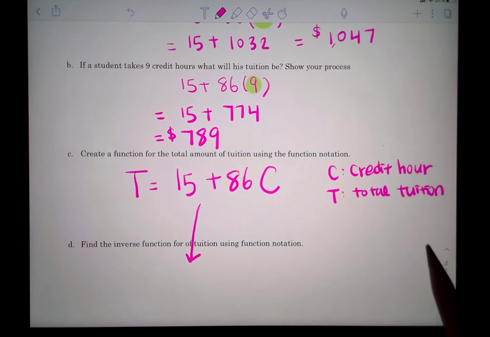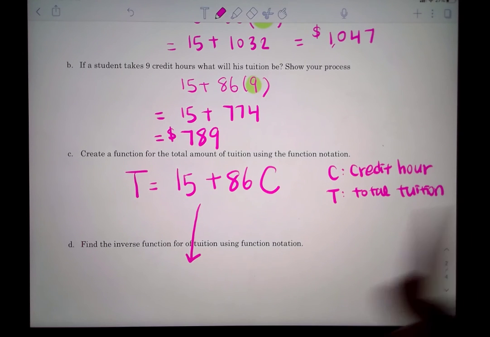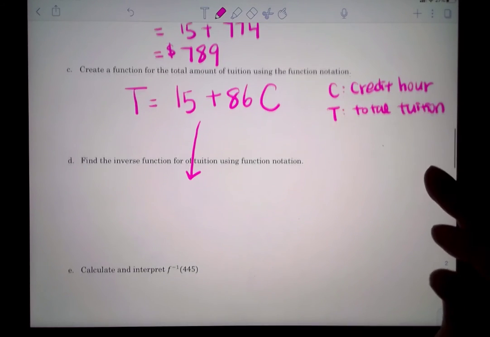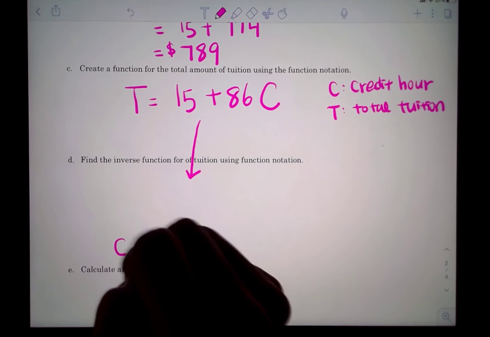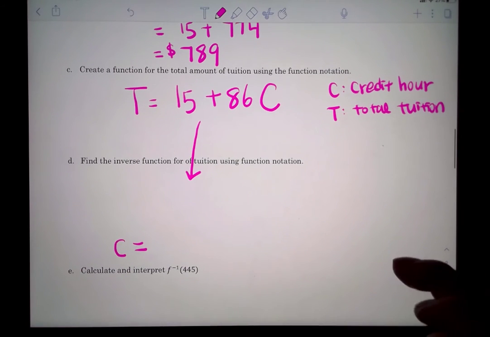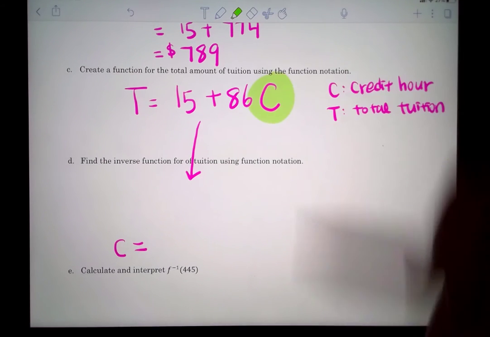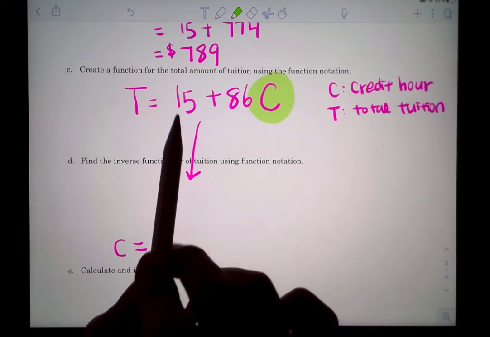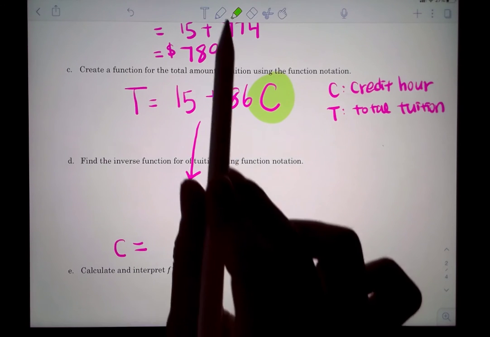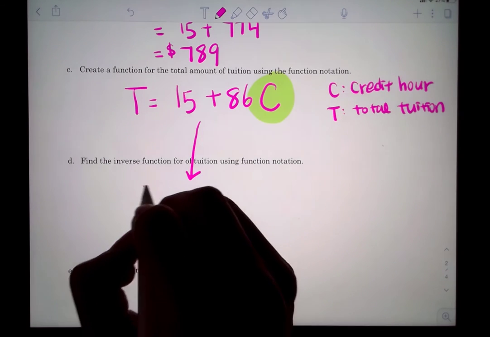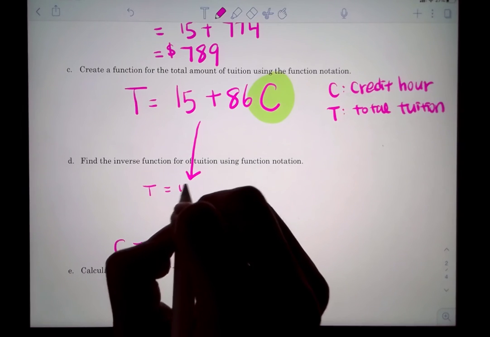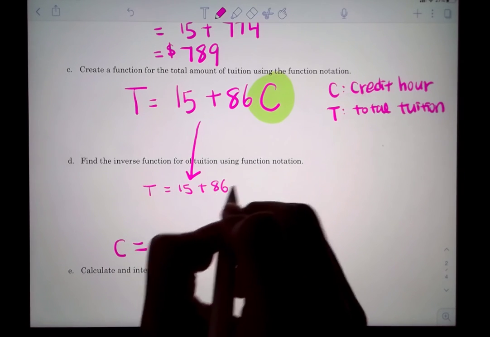We are not switching variables, we just solve it for C. We skip switching letters, but we are solving for C. So I want to write C equals blah blah blah. From here we are isolating C. So all you need to do is get rid of this 15 and 86. That is T equals 15 plus 86C.